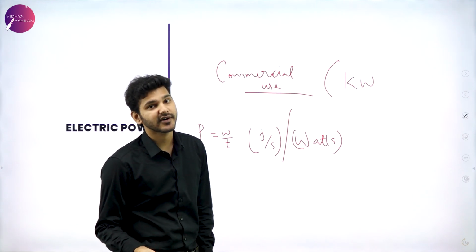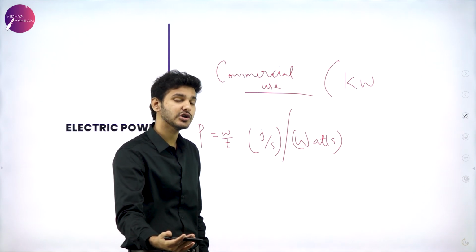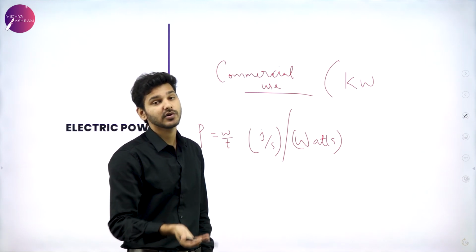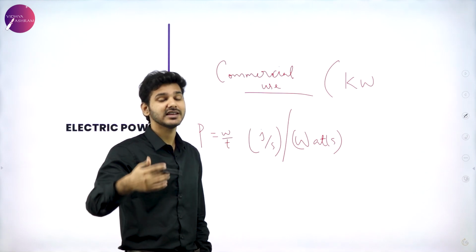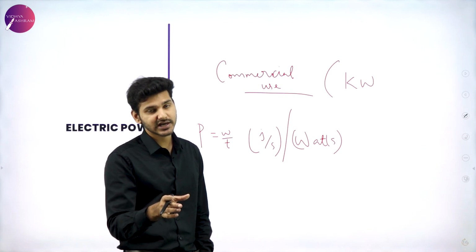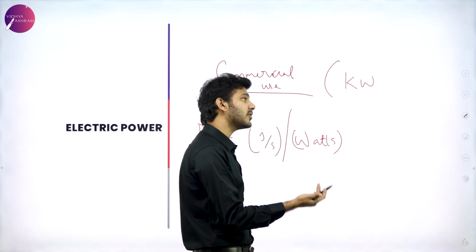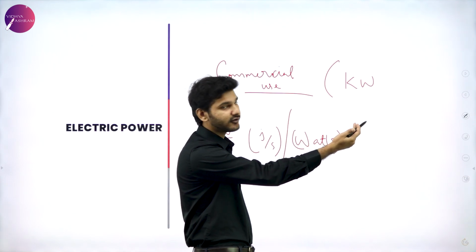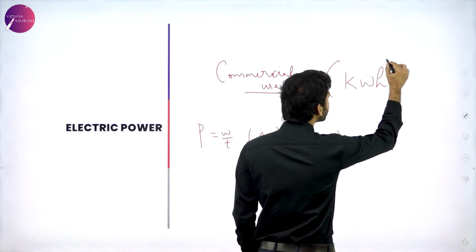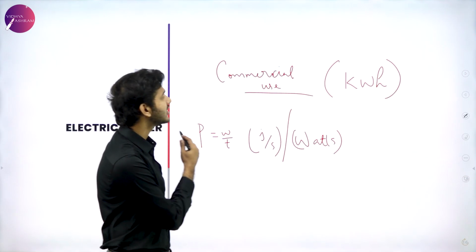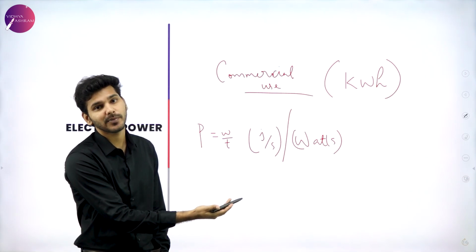And time is also a factor here. So how much time are you using this particular power for? For example, in your household, the electricity is recorded in your meter in terms of kilowatt hour. So we can say kilowatt hour is the unit of commercial use of electric power.